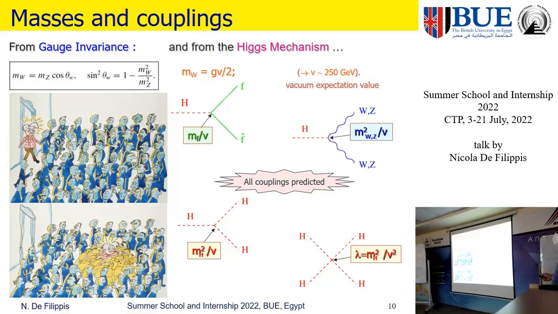And the standard model allows you to predict the coupling of the Higgs to fermions, the coupling of the Higgs to gauge bosons, W and Z, the triple Higgs coupling, and the quartic Higgs coupling. So once the mass of the Higgs boson is measured, you can essentially have all these numbers. Okay, but the mass was unknown, and so that's why you need the experiment.